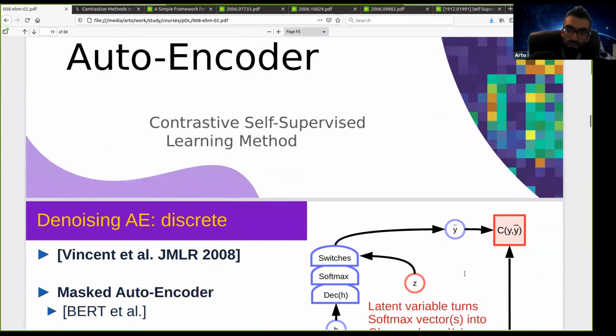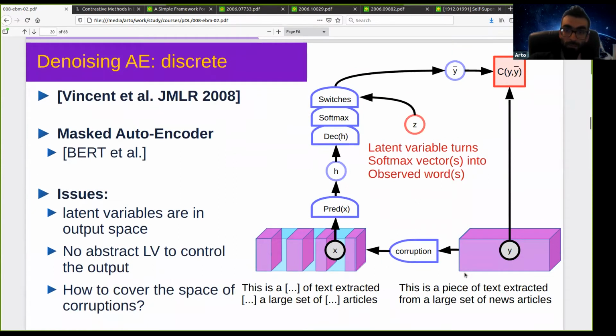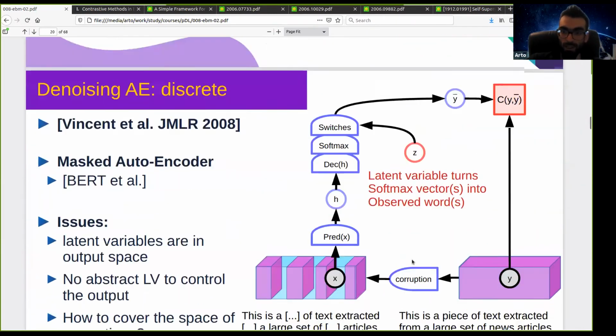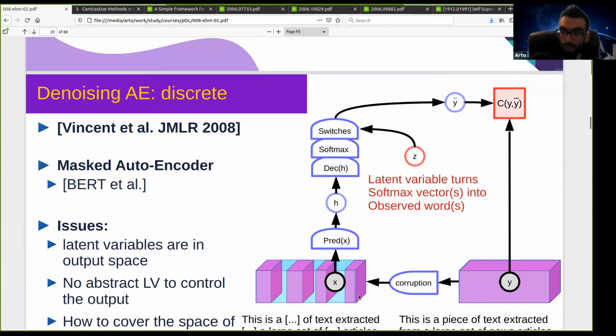Okay, next, another self-supervised approach is denoising training. We have our data point, we corrupt it, then we do prediction on the corrupted version, and then we want to reconstruct the original from the corrupted one.